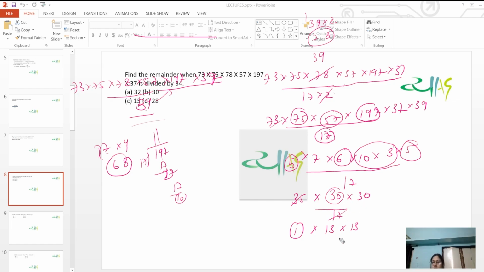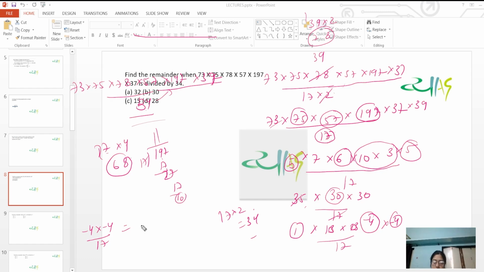Or you can get remainder here as minus 4, because 17 into 2 is 34, and this 30 is just 4 short of 34. So get here minus 4 as remainder, and here also minus 4 as remainder. So you have minus 4 into minus 4 divided by 17.